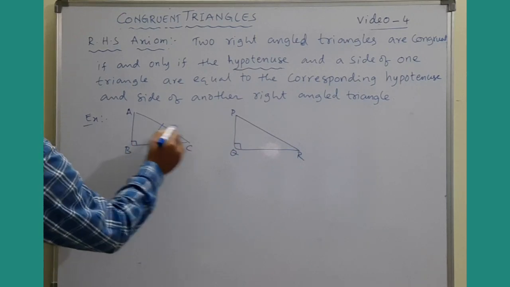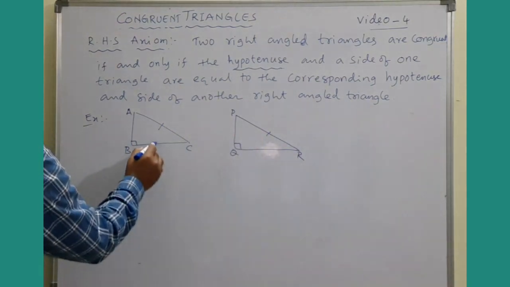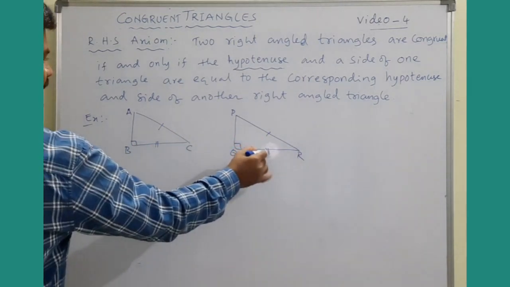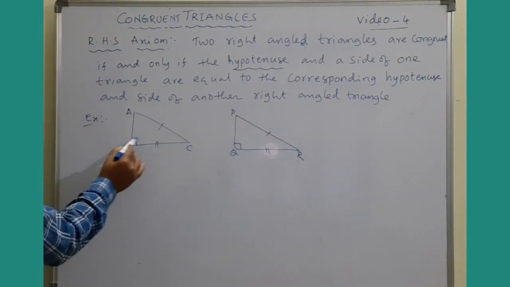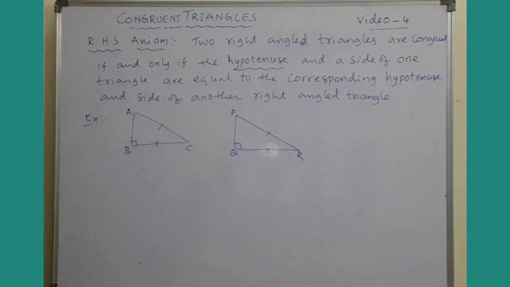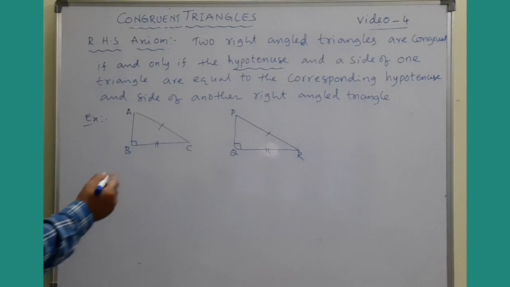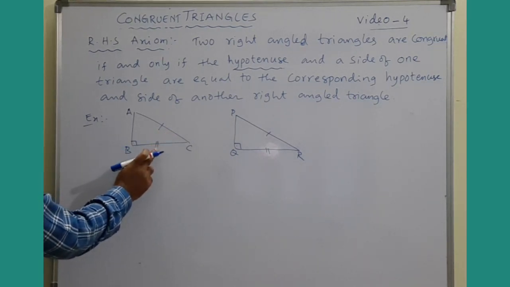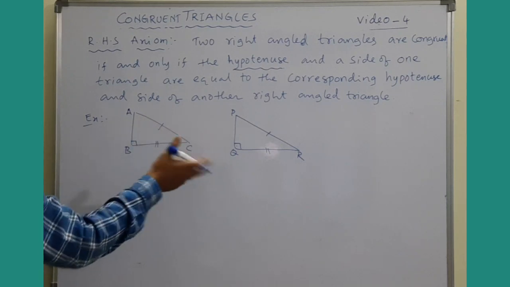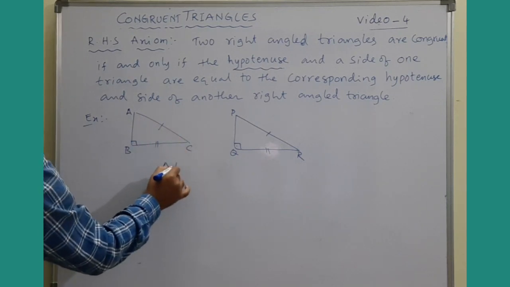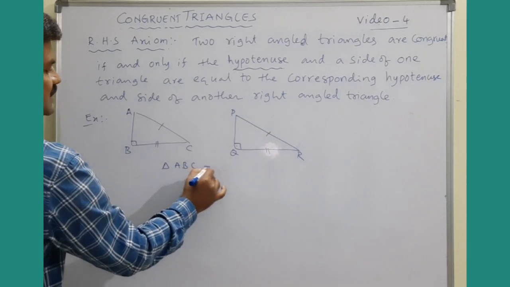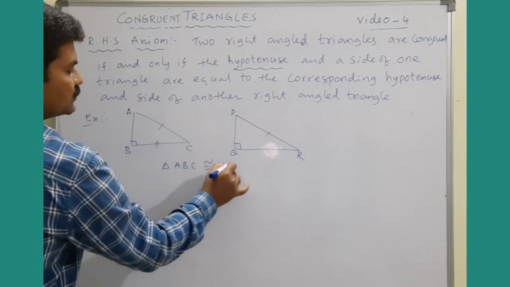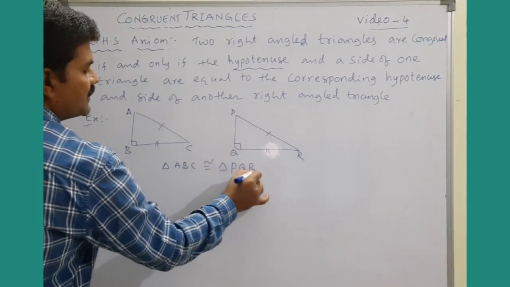Now the hypotenuse must be equal, the corresponding one side is equal, and the right angle. Okay, so we can say that because of this right angle, hypotenuse and sides, corresponding parts are equal, hence I can say that triangle ABC is congruent to triangle PQR.